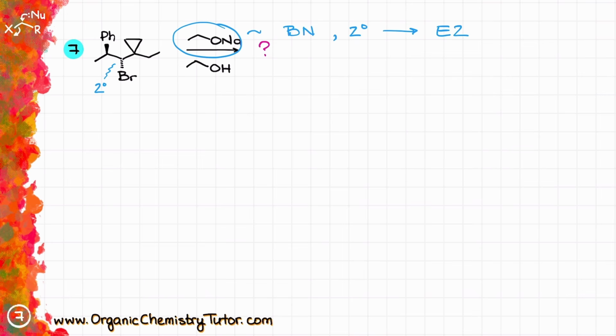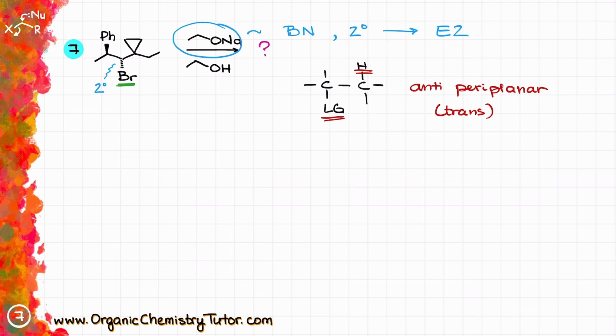So I remember that in the case of the E2 reaction, if I have a leaving group over here, and I have my hydrogen on the other carbon over there, the leaving group and my hydrogen must be antiperiplanar or trans to each other. So if I check out the leaving group in this case, that is my bromine, which is looking away from us.